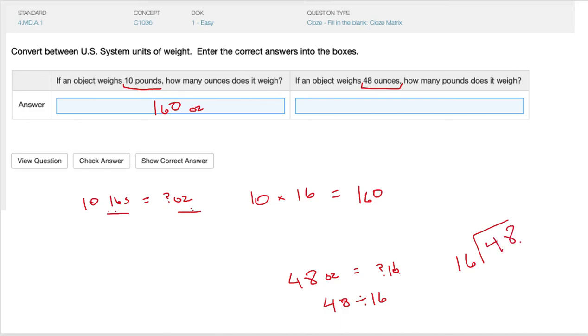Well, 15 into 45 is 3, so I'm going to try 3. 3 times 6 is 18. Perfect. So that means 48 ounces is 3 pounds. All right, so you're going to upload a picture of your notes and do a couple practice problems, and then you'll see these come up on ScoopPad again, and you'll know how to do them.